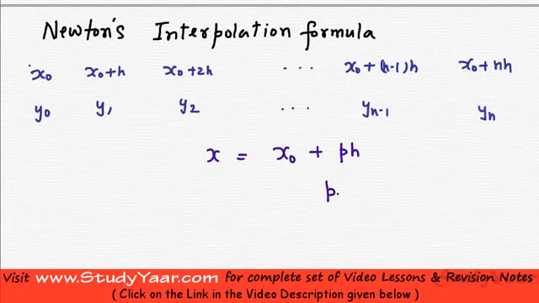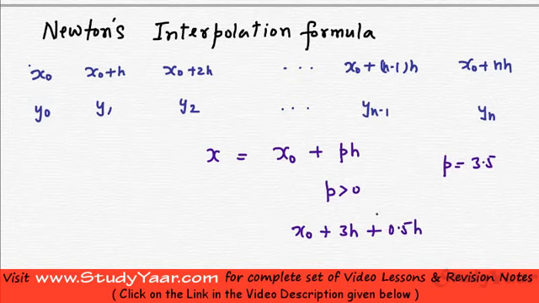When p is positive, you are looking at values in this direction. Let's say that when p is equal to 3.5, you are looking at x0 plus 3h plus 0.5h. So basically you are looking at a value between 3h and 4h, right?